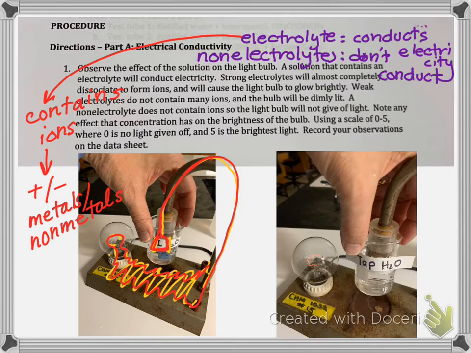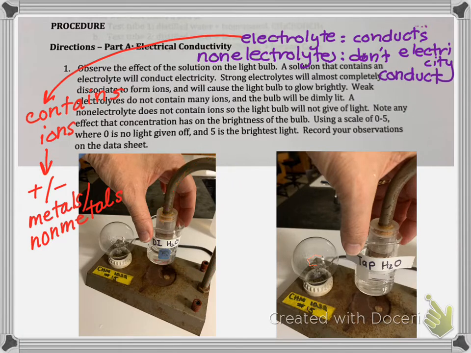It can skip them because the ions that are in the electrolyte carry it back and forth. So what we're looking for in our lab to determine if a solution is an electrolyte or a non-electrolyte, we're trying to see if the light bulb will light up. Because if it does, then we know that there's ions in the solution and it can conduct electricity.